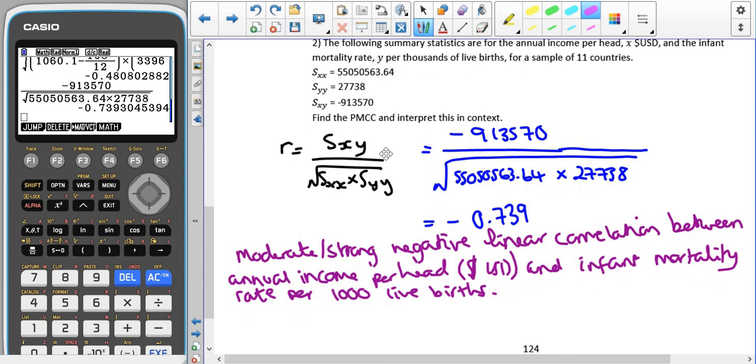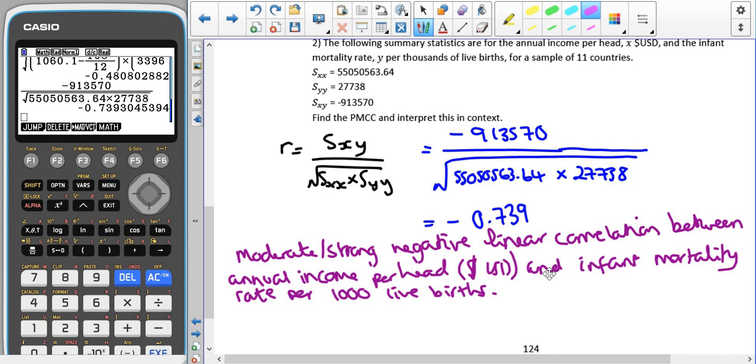So again, this time we're using r equals Sxy divided by the square root of Sxx times Syy, which when we put in our values here from the question, we end up with minus 0.739, which means we have a moderate to strong, bit weak on the strong side, definitely moderate, negative linear correlation between the annual income per head in US dollars and infant mortality rate per 1,000 live births.